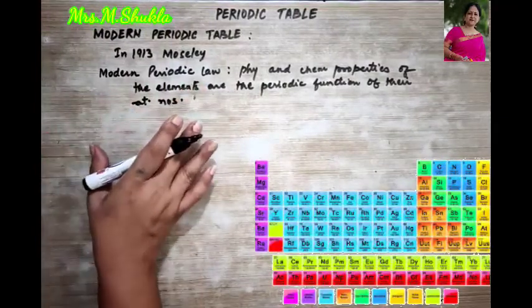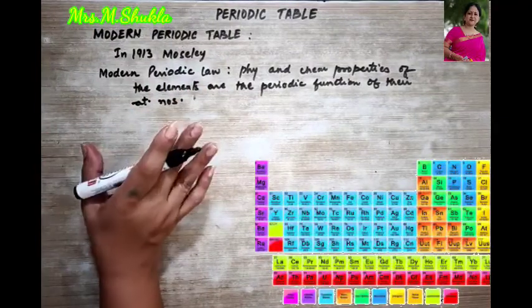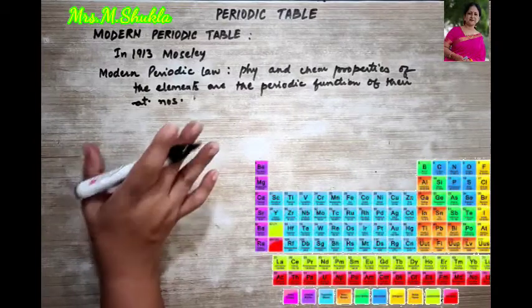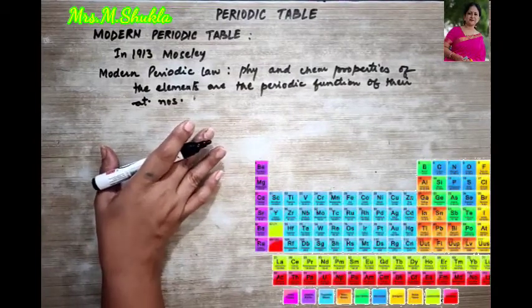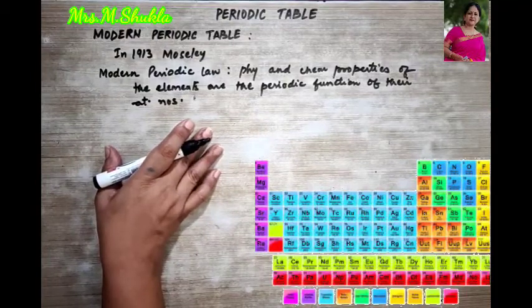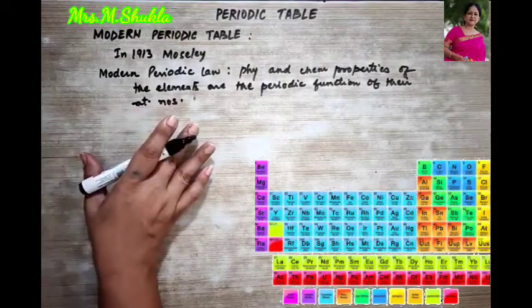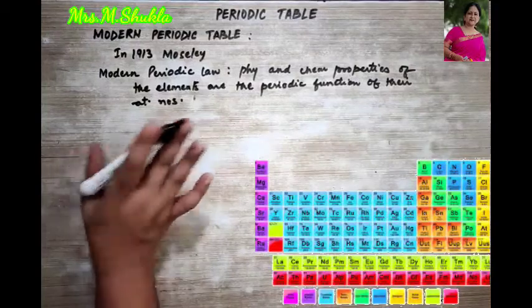This modern periodic table was prepared by Niels Bohr, and therefore it is also known as the long form of the periodic table, and it is completely based on the modern periodic law.